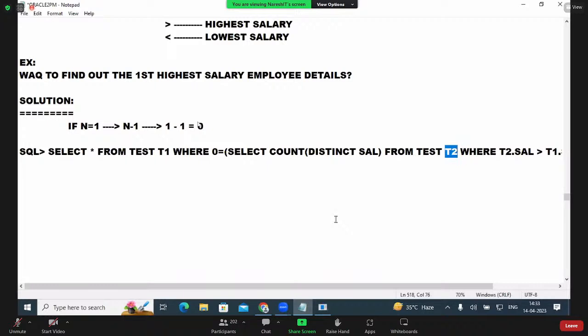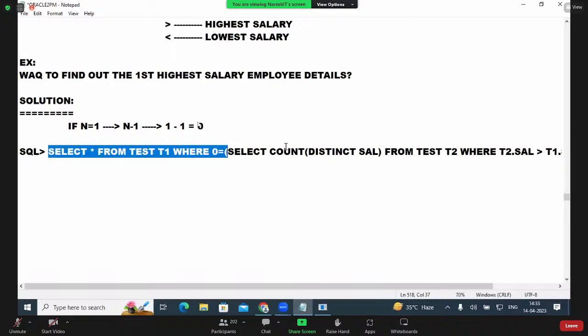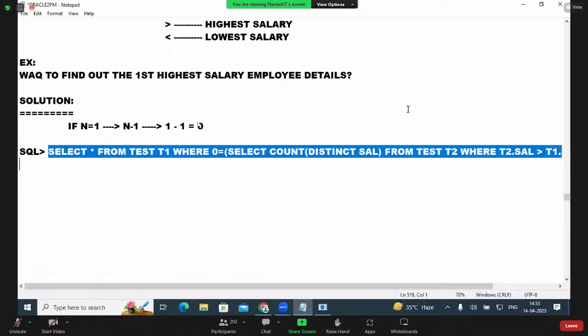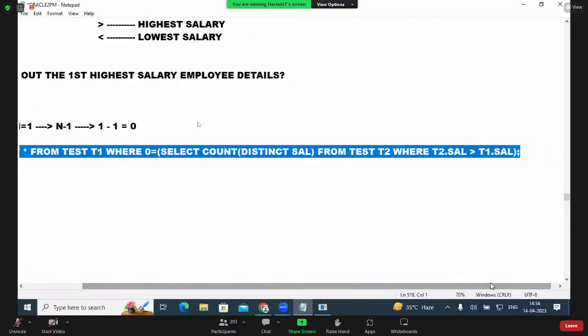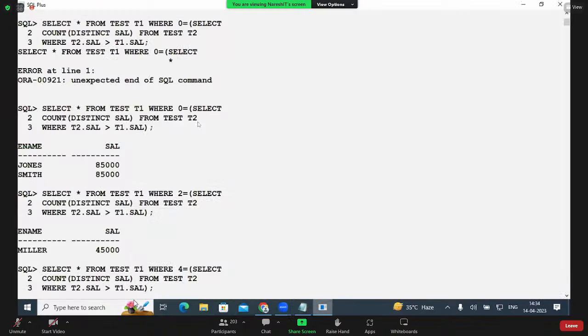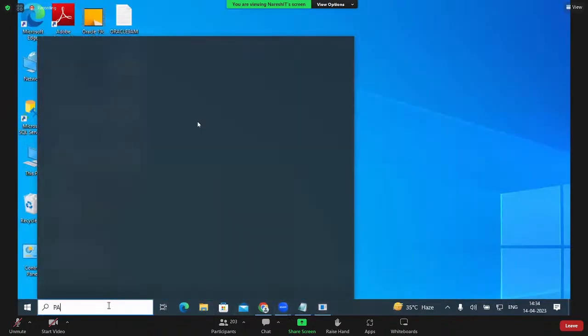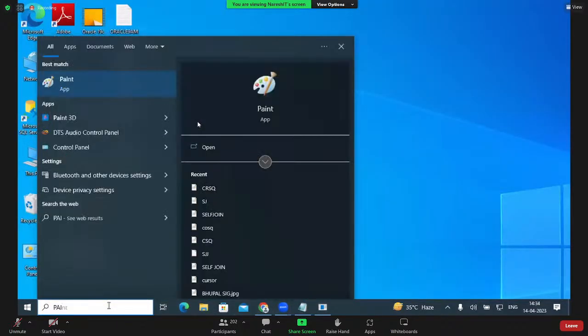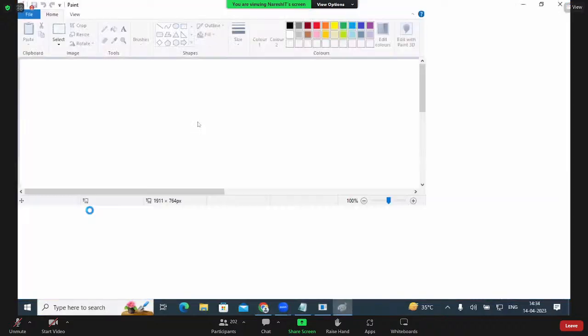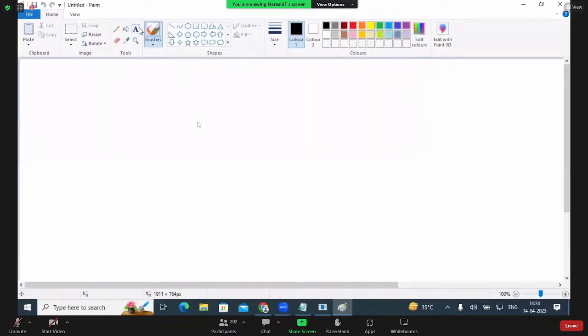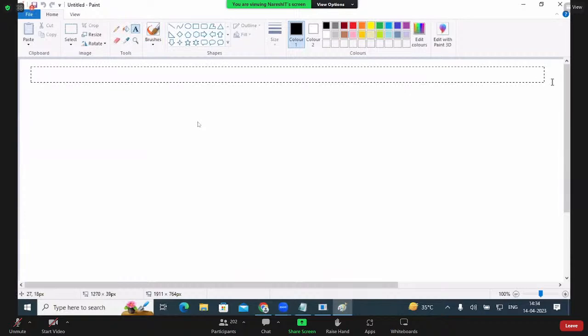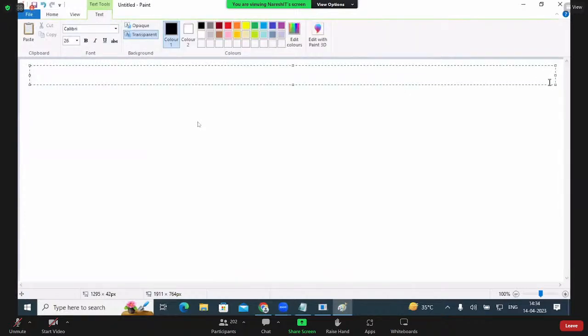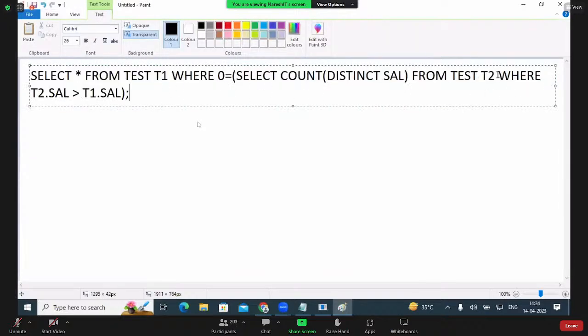Okay, now let me explain each and every line to you. So come back here. Now this is your query statement: where T2.salary greater than T1.salary.